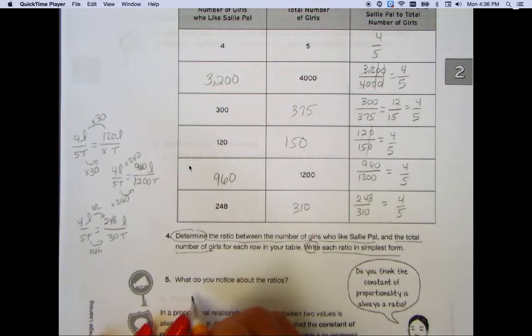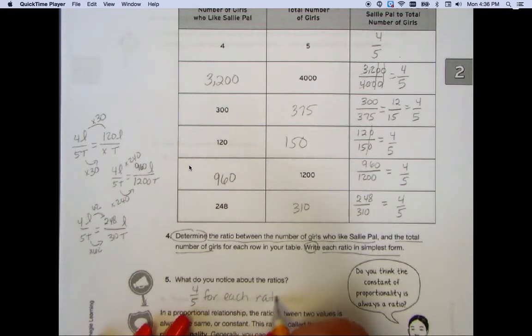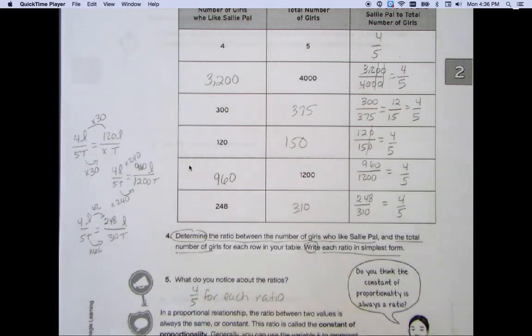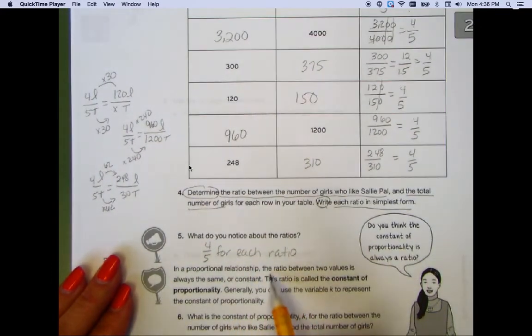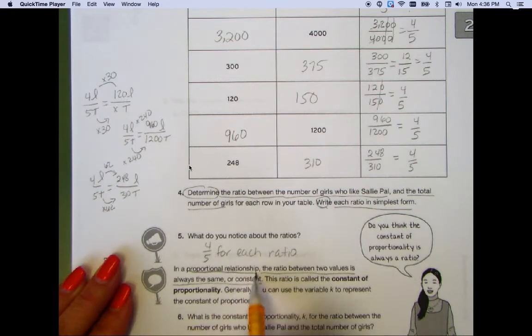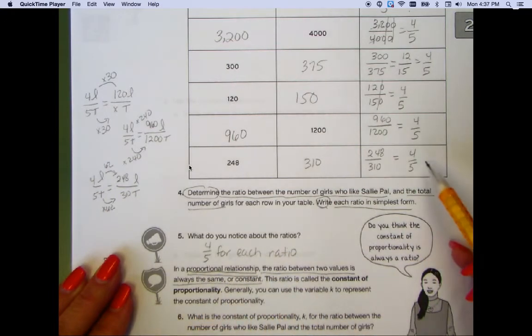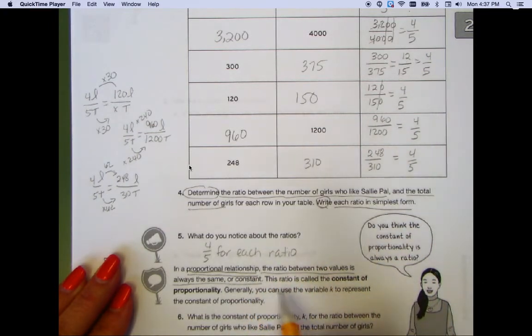I notice that we have 4/5 for each ratio. So in a proportional relationship, the ratio between two values is always the same or constant. That's if we have a proportional relationship. So these 4/5, I got it every single time. If I would not, it would not be a proportional relationship.